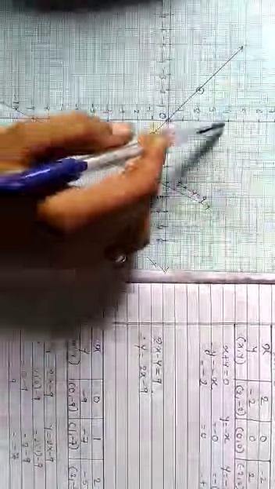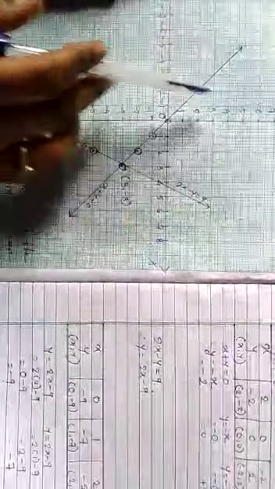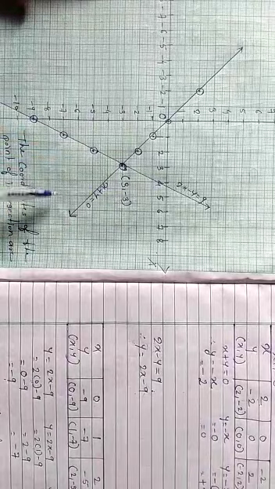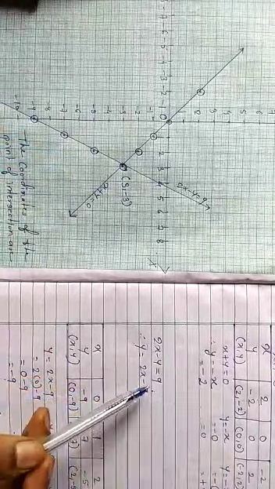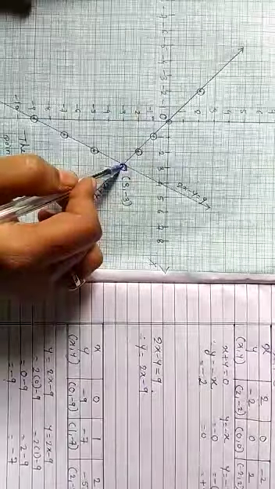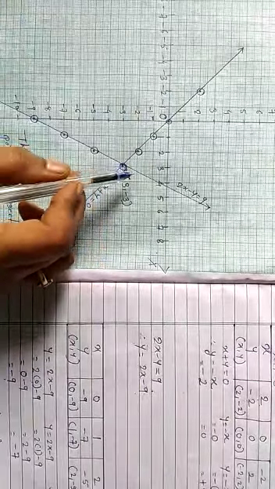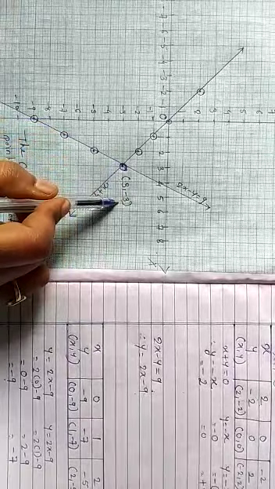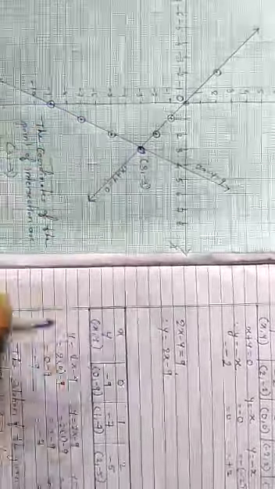First quadrant is both positive, second it is negative positive, third both negative, and fourth it is positive negative. Okay, then with the help of points draw the line, and then you have to see the point of intersection. So here finally I got the point of intersection, that is 3 and minus 3. So this is the solution for the given two simultaneous equations.